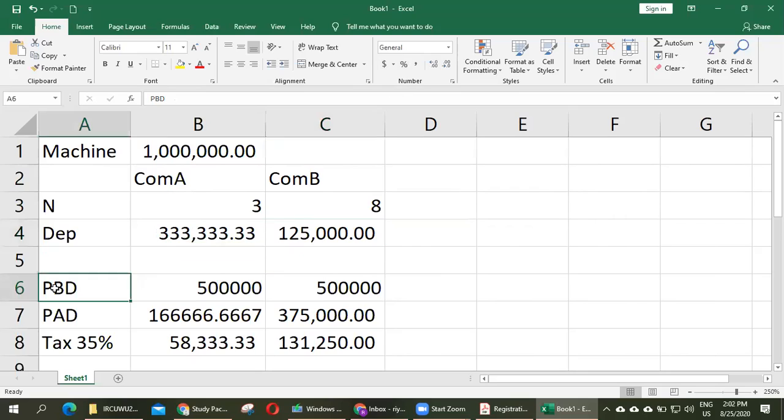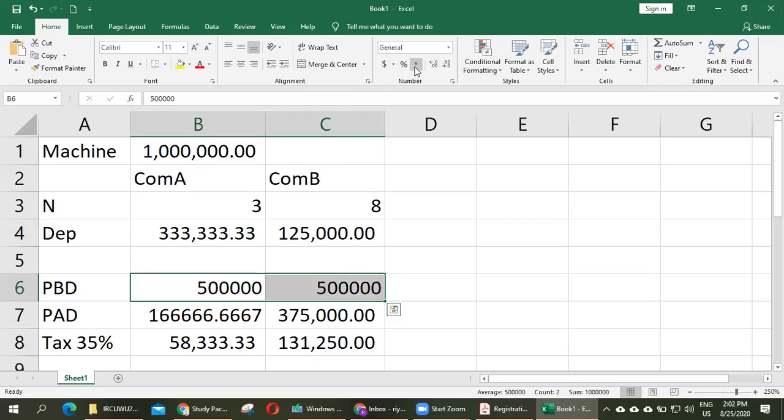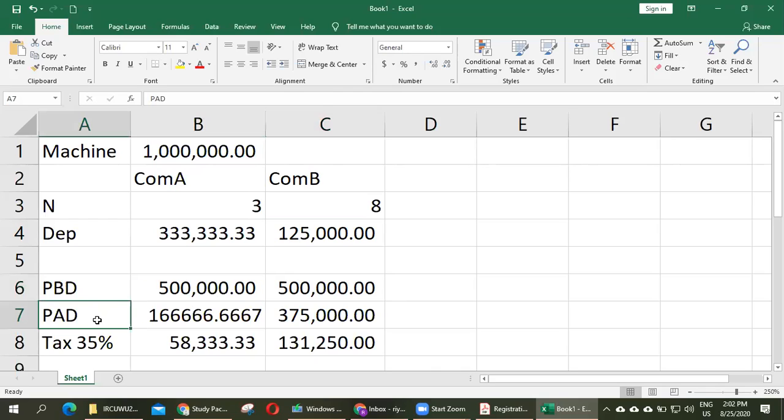Let's look at profit. Assume that profit before depreciation for both companies is 500,000. Then how much is profit after depreciation? How do we get it?